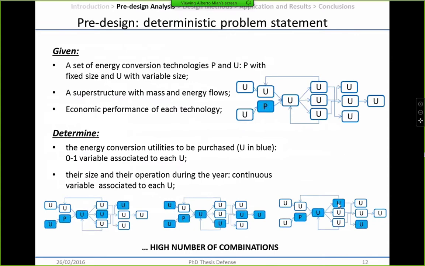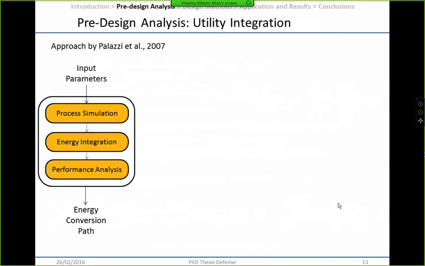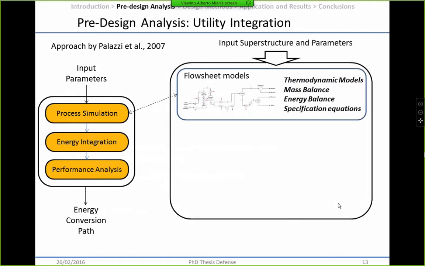So, how to solve this problem? The classical approach to solve this problem is to consider some input parameters. It was the approach proposed by Palazzi in 2007. The approach is the following. So, given the input parameters, we can first simulate the flow sheet. So, the models of the physical systems we had, they can be simulated.